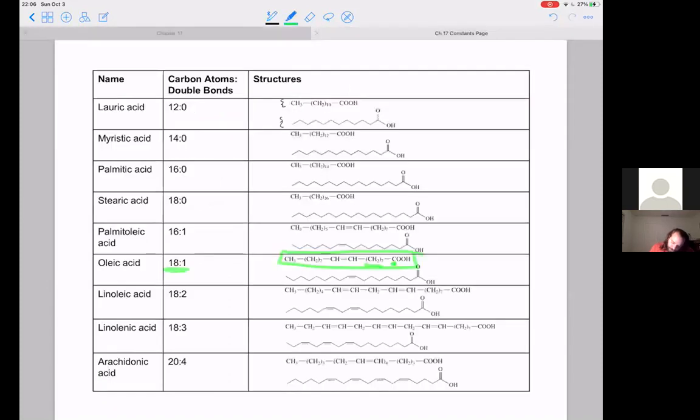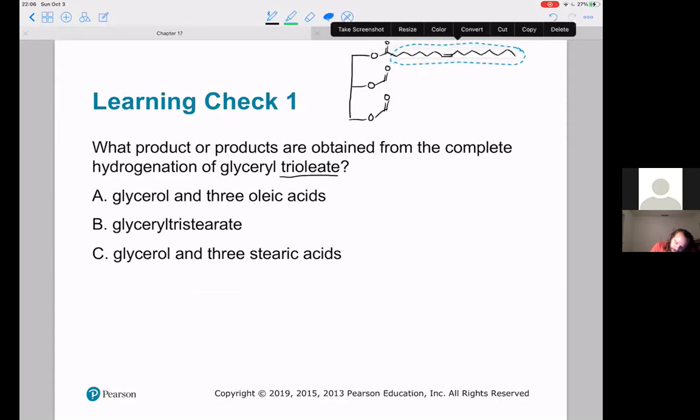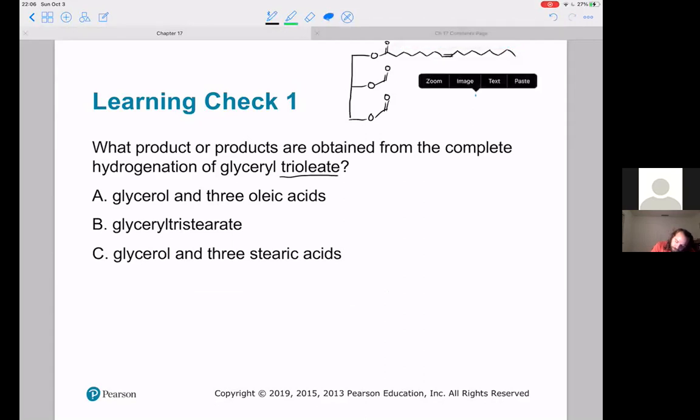Then I believe it was 5. Oh no, another 7, and then the methyl group. So 1, 2, 3, 4, 5, 6, 7, and then our methyl group. Right, so it's this. I guess I can actually cheat. Copy. Cool. So this is what we're starting out with. This is our glyceryl trioleate.